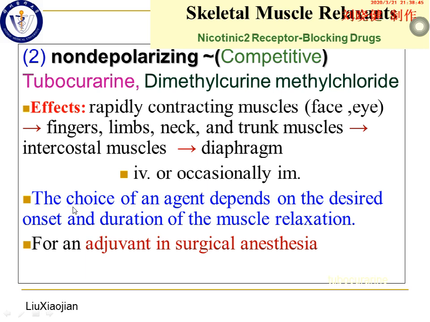In clinical practice, the choice of an agent in this group depends on the desired onset and the duration of the muscle relaxation. It is different from succinylcholine; this muscle relaxation is relatively longer. So they can be used in surgery as an adjuvant in surgical anesthesia.